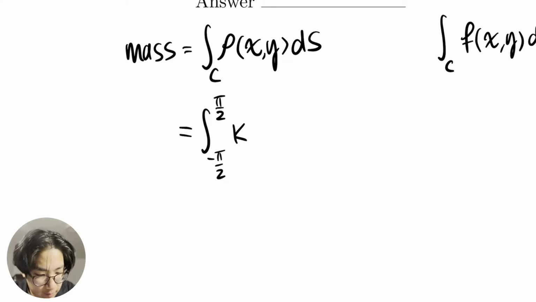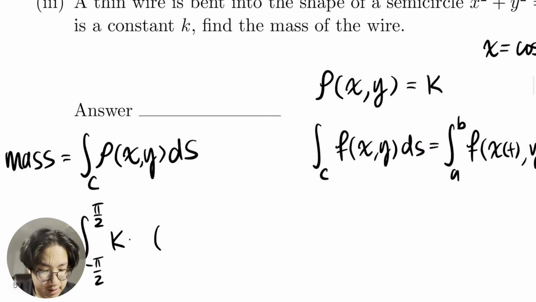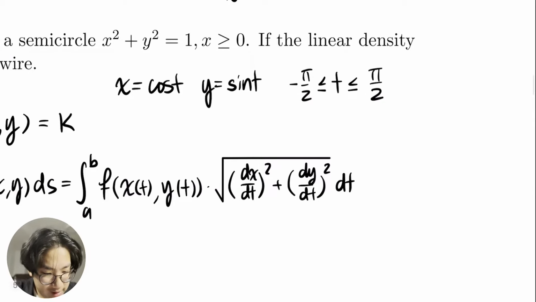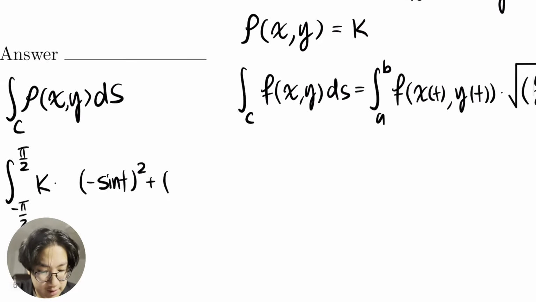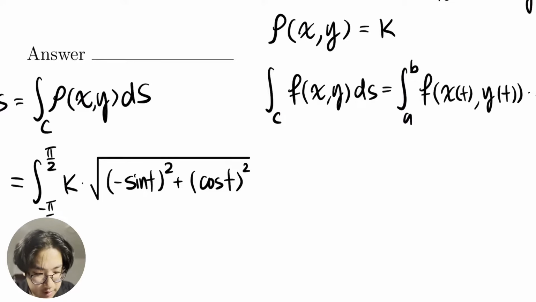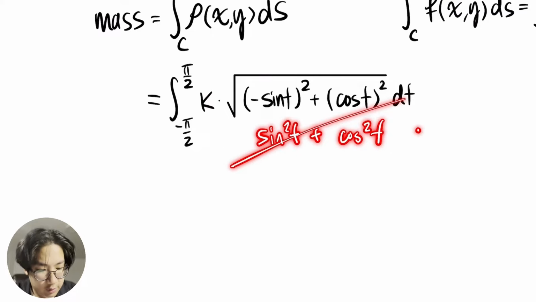Now we can compute the partials really quickly. dx/dt is negative sine t, squared, and dy/dt is just cosine of t, squared, all under a square root, dt. Notice that we get sine squared t plus cosine squared t, which is just equal to 1.